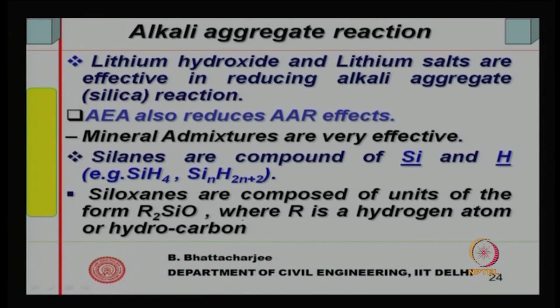Compounds like silane, which are silicon and hydrogen compounds like SiH4 or Si2H6, this sort of formula, these are called silanes. So, silane compounds and siloxanes are composed of units of R2SiO, where R is a hydrogen atom or hydrocarbon. So, R2SiO, H2SiO to any other CH3 etc. So, these are siloxanes.